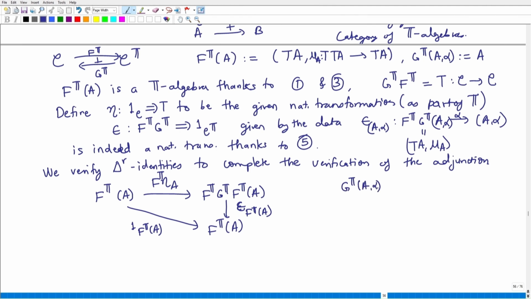So G^T α, G^T α again, then G^T, F^T, G^T, A, α, and this is diagram 4. First one is 4. Let us verify everything together.